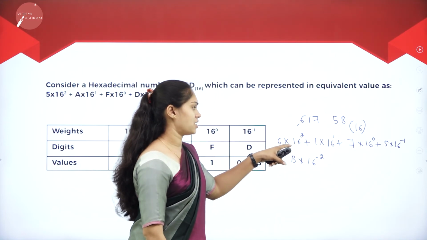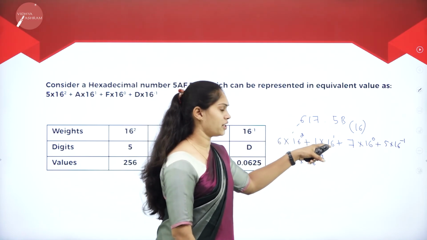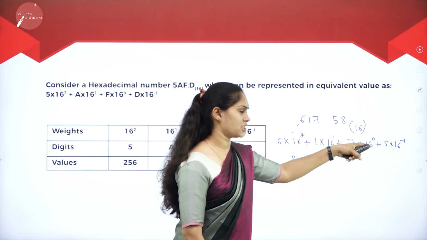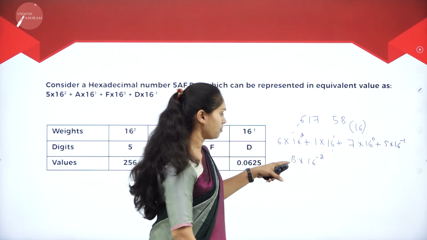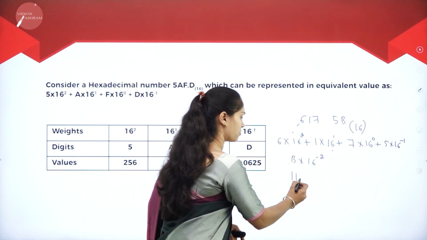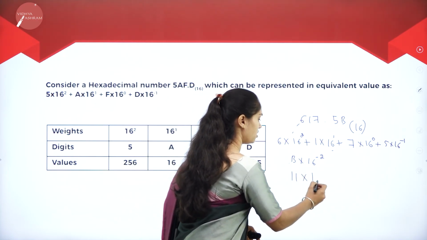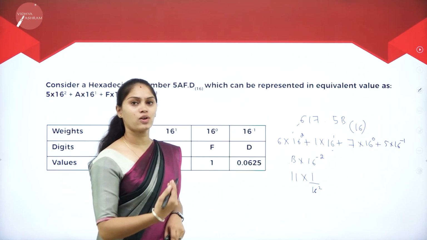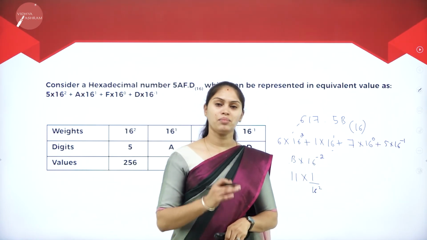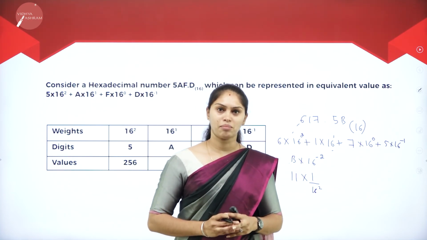So 6 into 16 power 2 plus 1 into 16 power 1 plus 7 into 16 power 0, which is absolutely 1, plus 5 into 1 by 16. Then B, what is the B value? That is 11, right? 11 into 1 by 16 power 2. This is how we are going to represent any number with a particular type of number system.